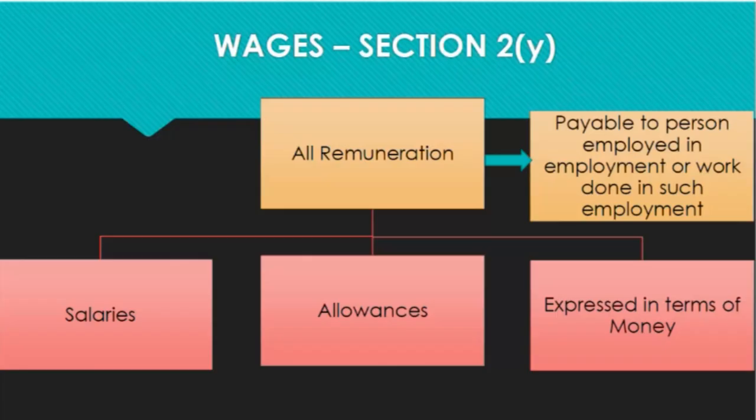It includes salary and allowances. So, what is included in wages? Salary and allowances, which can be expressed in monetary terms. That is basic pay, dearness allowance, retention allowance, and all the other allowances like HRA, your leave concession, everything. And the value of remuneration in kind cannot exceed 15 percent of the total value.